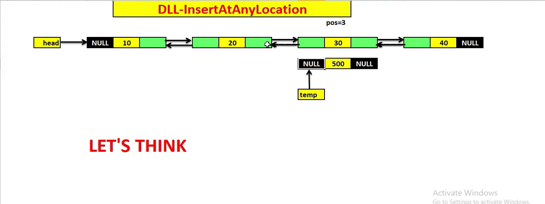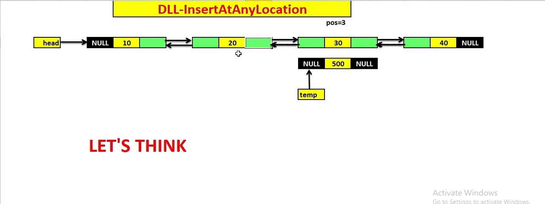Once node 2's link is pointing to the new node, and the new node is pointing to node 2, the list will start with head, then 10, then 20, then the new node 500, then 30, and then 40. That is how insertion at any location can be done.